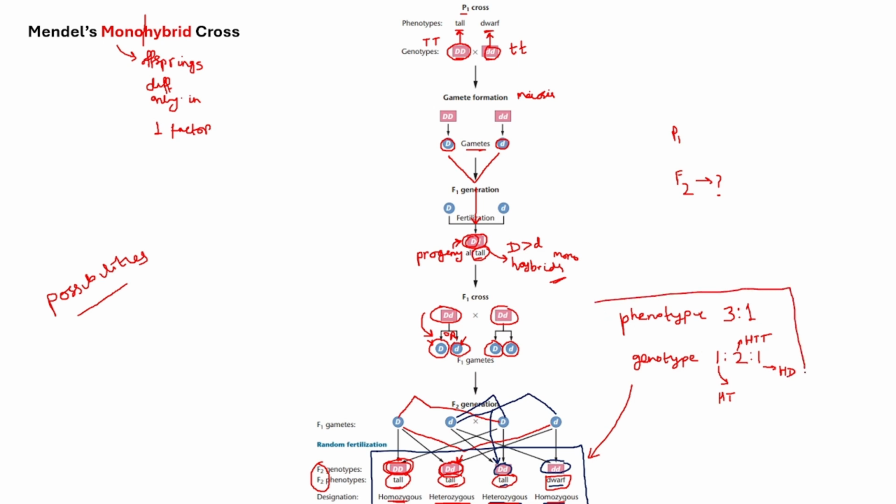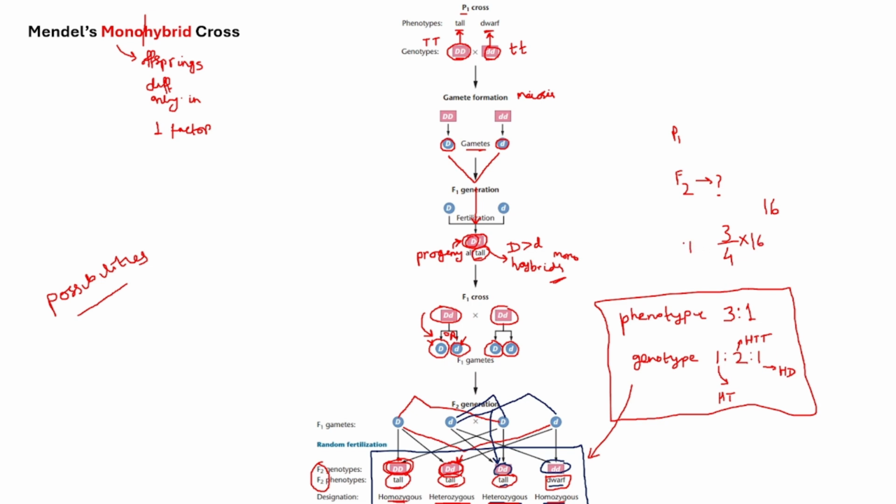People will give you some basic problems where they will ask, you have this total number of F2 generations, calculate how many will be phenotypically tall and how many will be phenotypically dwarf. So suppose you have 16 F2 progenies. Out of this, phenotypically tall will be 3/4 into 16, which is actually 12, right?